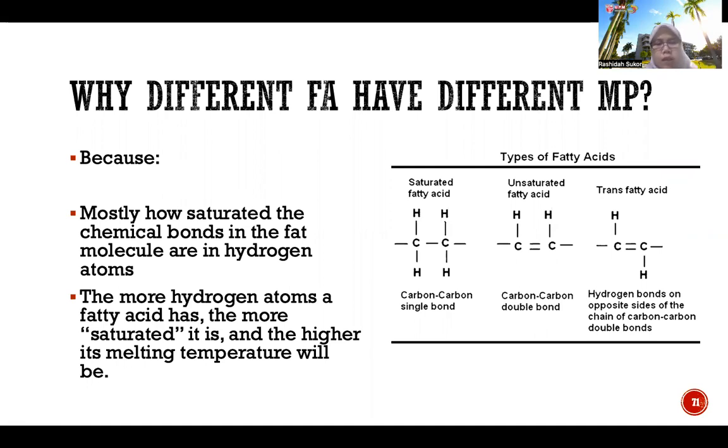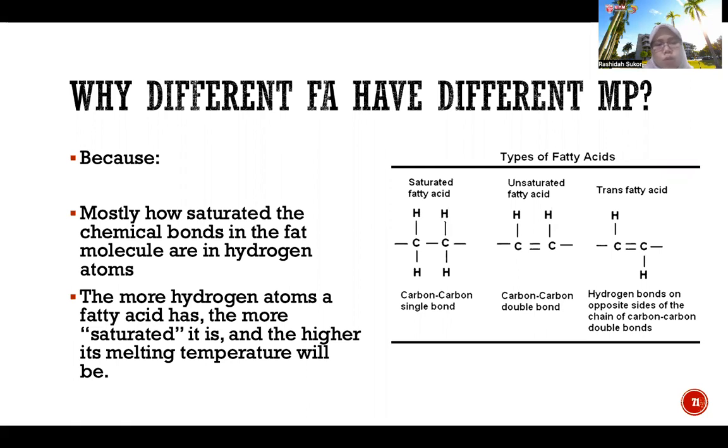So the more hydrogen atom a fatty acid has, meaning that the longer the C, because the one that completes the bond of the C is hydrogen, kan? Kalau kita lukis, if you take a pencil and write C, the others, if they are not combined with other R group or amine group, is always the H. Okay, so the longer the C, the more hydrogen atom a fatty acid will have lah.